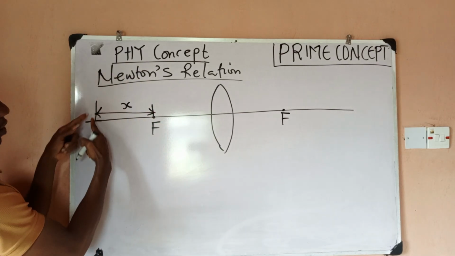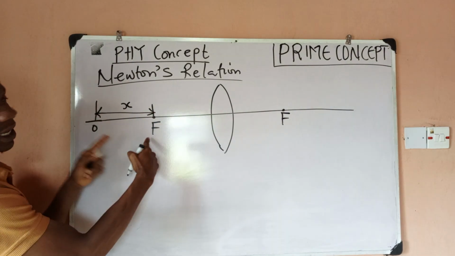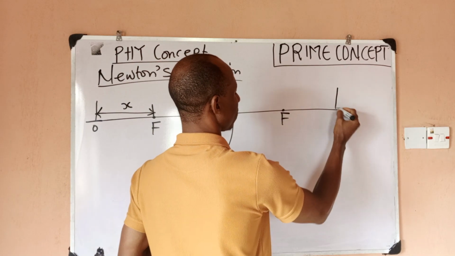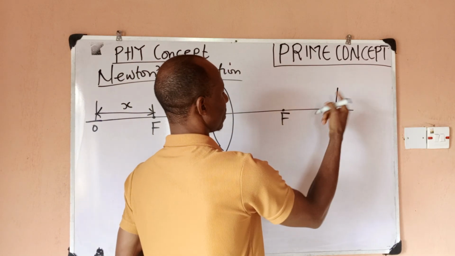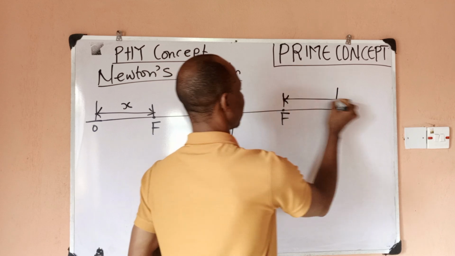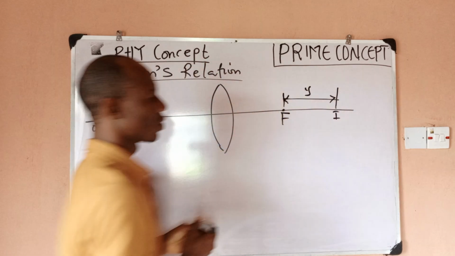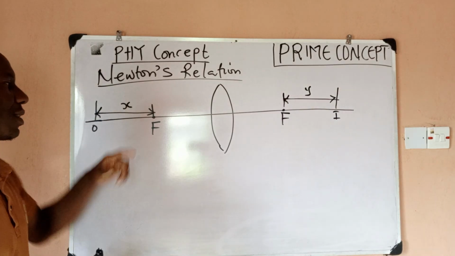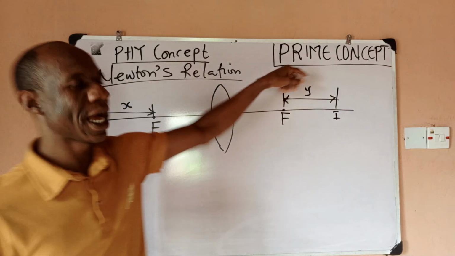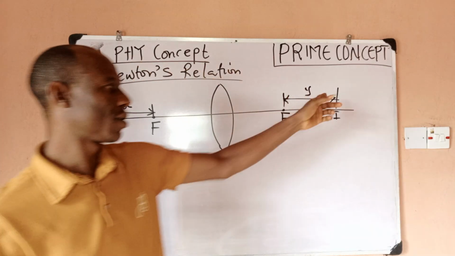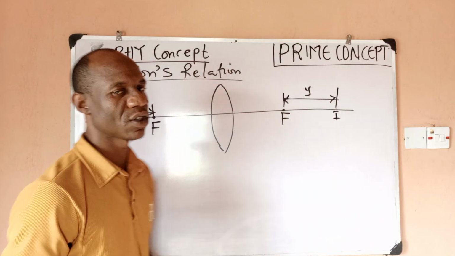The distance from my object to the focal point is x, right? And then if I have that my image is formed somewhere around here, then I want to measure the distance of my image to my focal point as y. So if I have this case, we want to look at how x and y would vary, right? If x is increasing, how does it affect y? So that is what we want to consider.